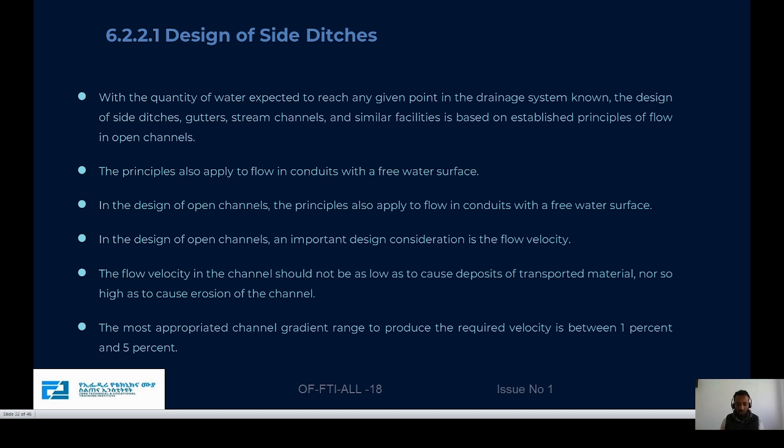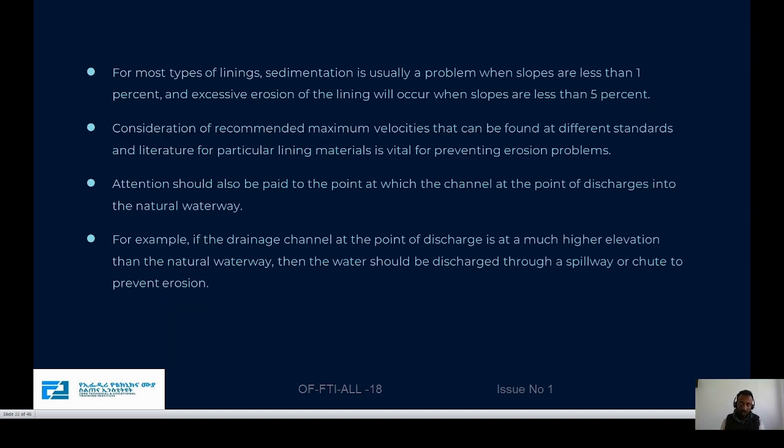The flow velocity in the channel should not be so low as to cause deposition of the transported material, or so high on a steep slope that it causes erosion. If the slope is high, the flow velocity will increase and the bed material will be eroded. If the slope is very low, sediments will accumulate, so the flow will decrease. So a very important part is to adjust the slopes related to the flow velocity.